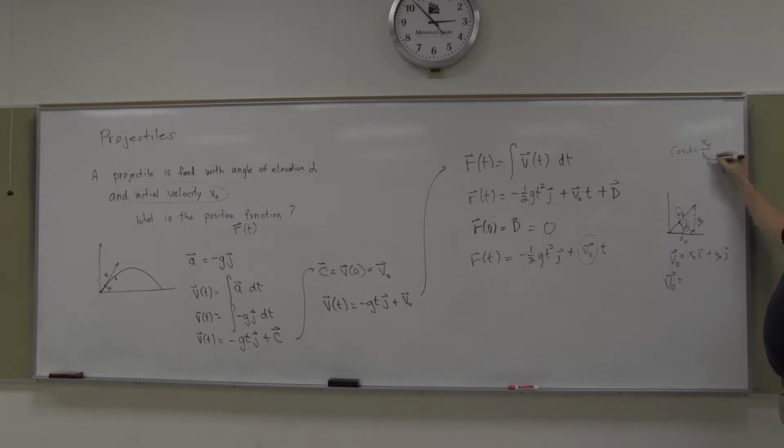And so isn't x0 v0 cosine of alpha? And then the same thing, sine of alpha is y0 over v0, right? A little bit of trick. So y0 would be v0 sine alpha j. Just from that right triangle relationship.